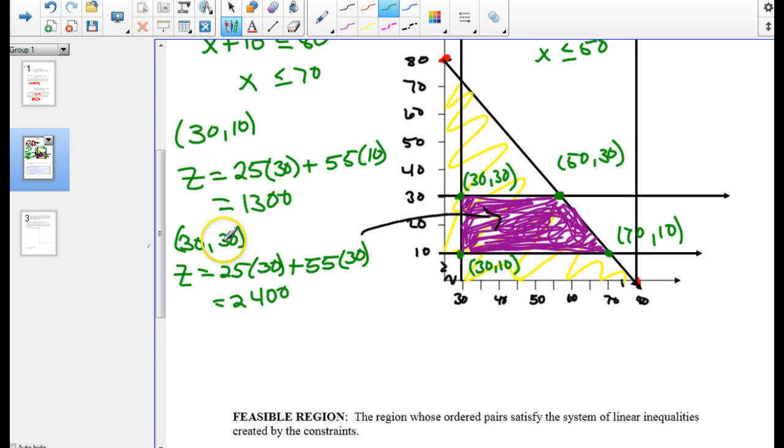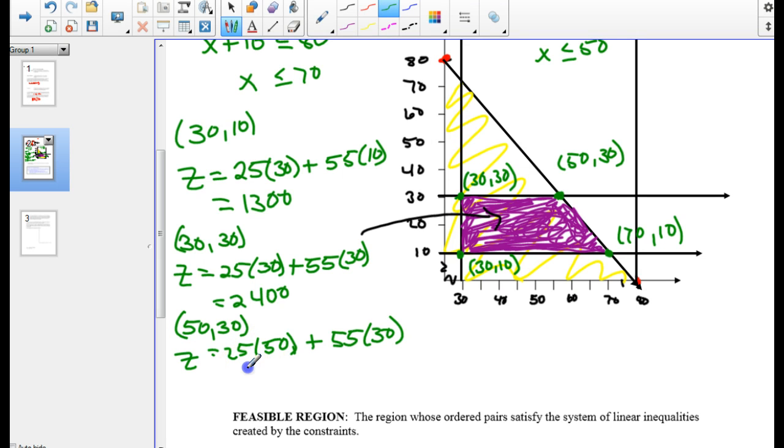Now we're going to test for 50, 30. So you guys see what I'm doing? Okay. So 25 times 30 plus 55. Oops, it's times 50, right? Times 50 plus 55 times 30.